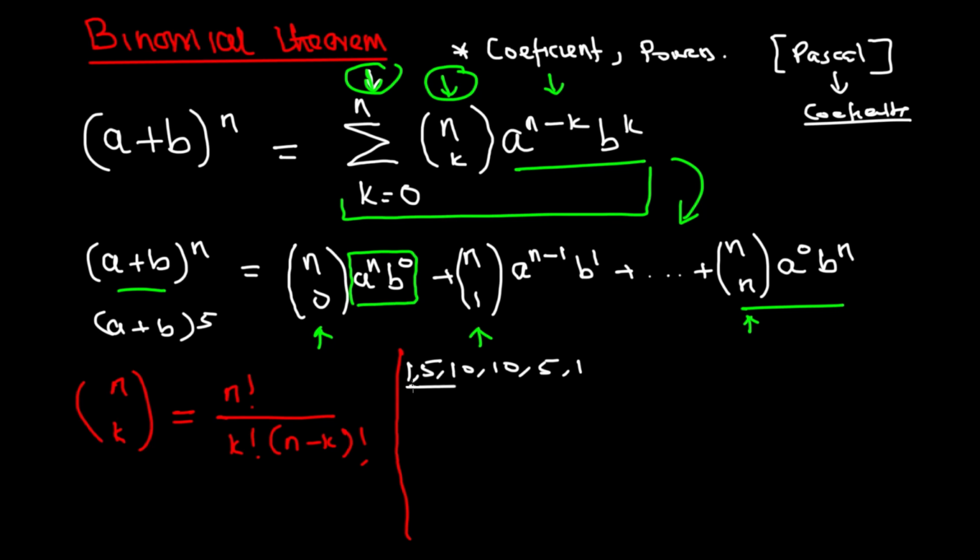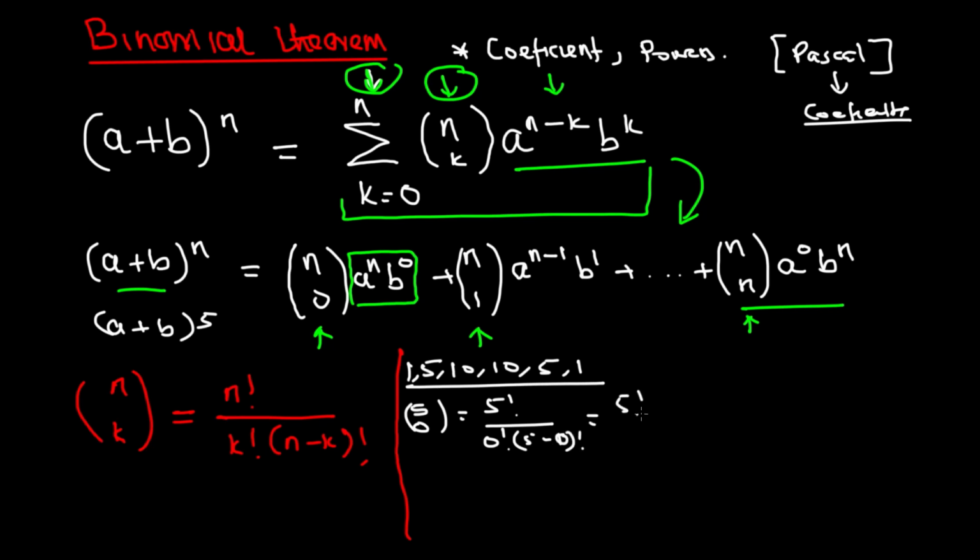So let's get this and see how we use the combinations formula. The first one will be 5 choose 0. We said we're going to use this. It's going to be 5 factorial over k factorial, where k will be 0, and then in brackets here we'll have 5 minus 0 factorial. So what does this give us?